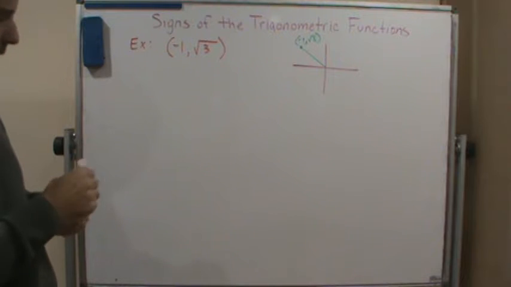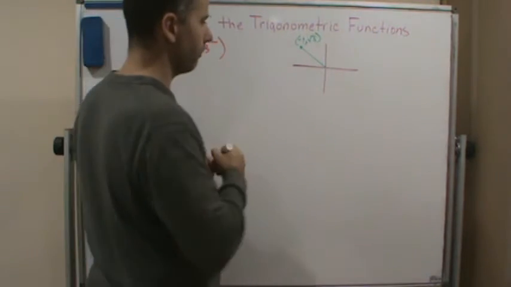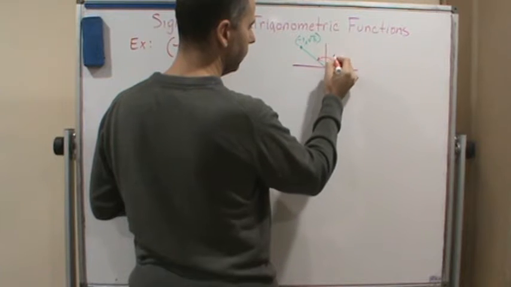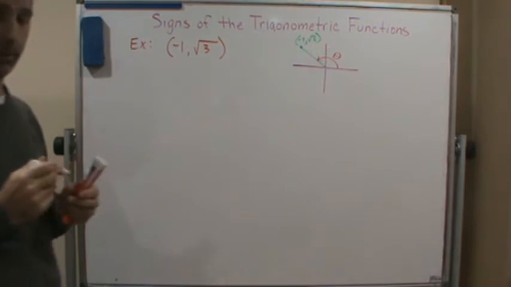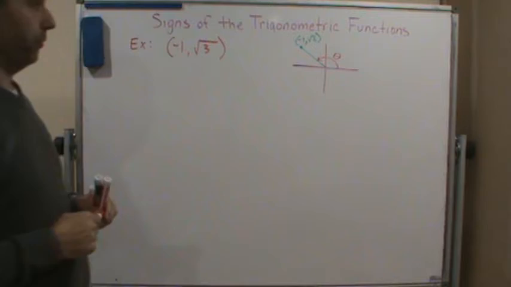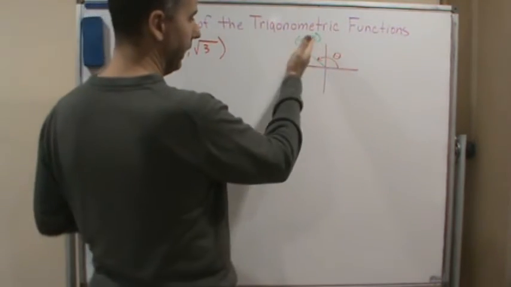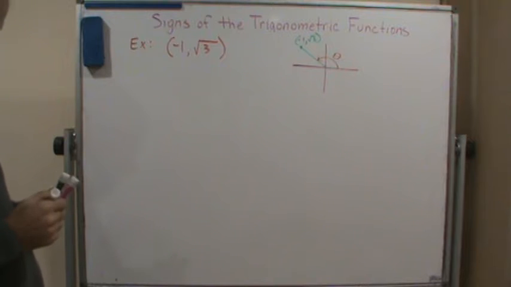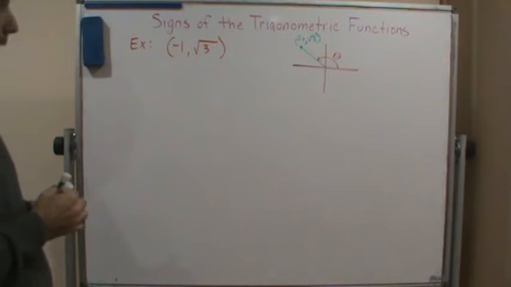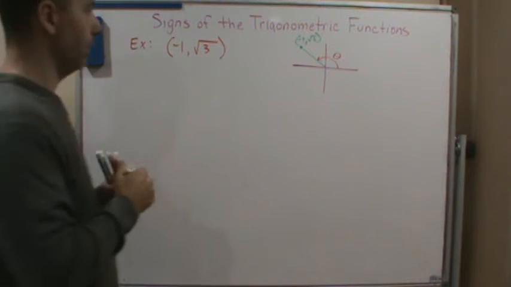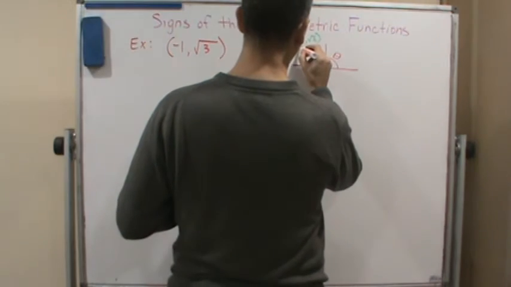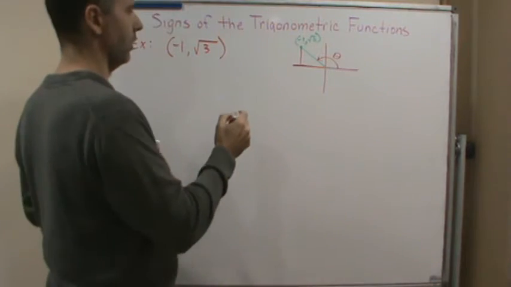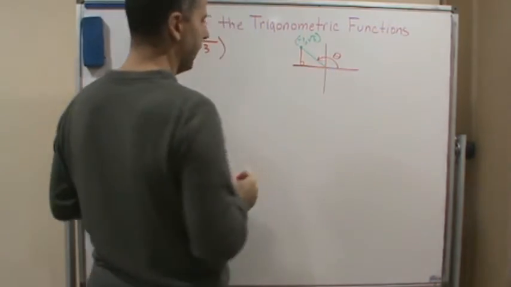So what do I know? I know my angle theta is that. Here's my ray, if you will. And then, of course, I can get my right triangle.